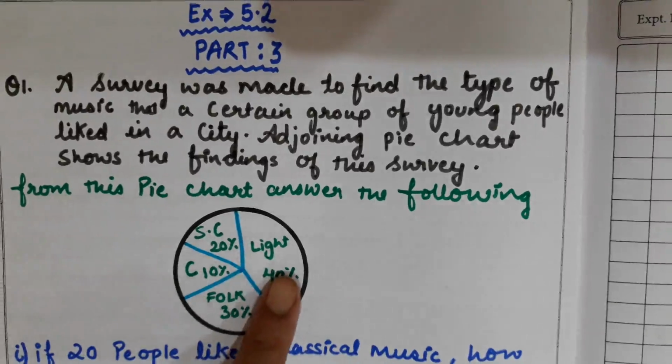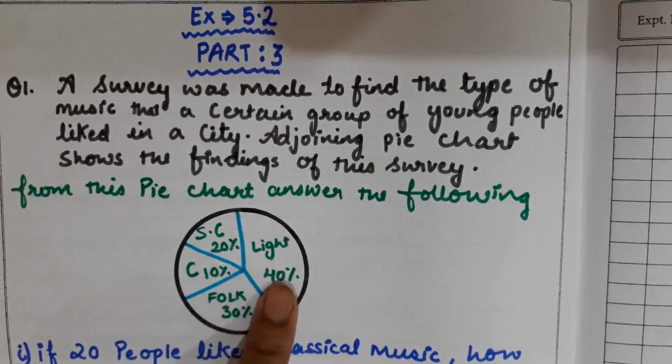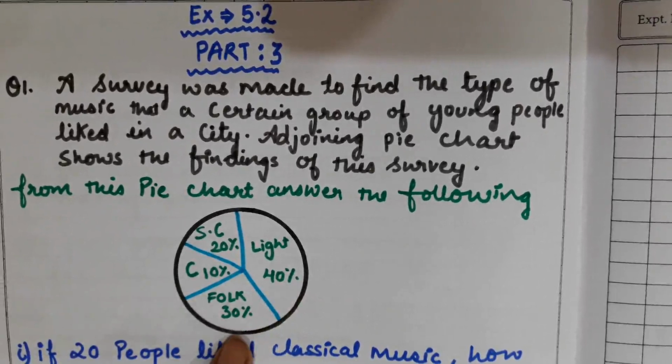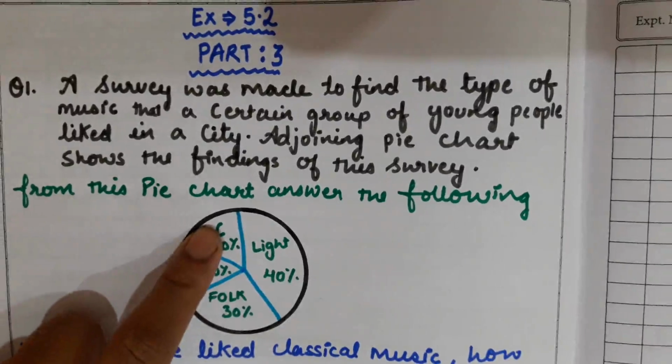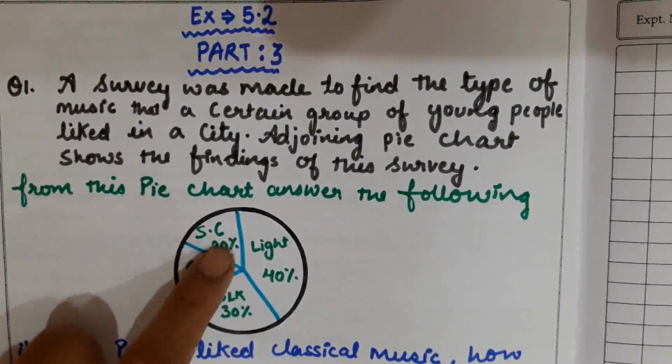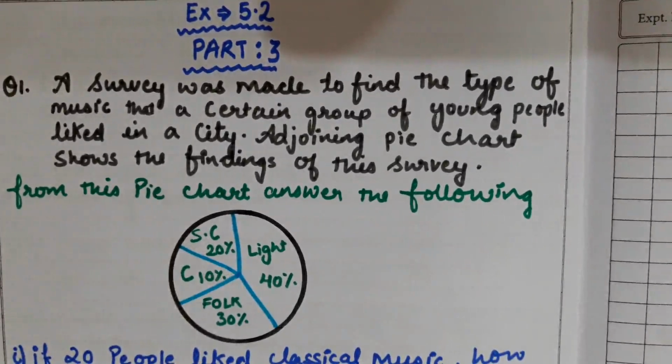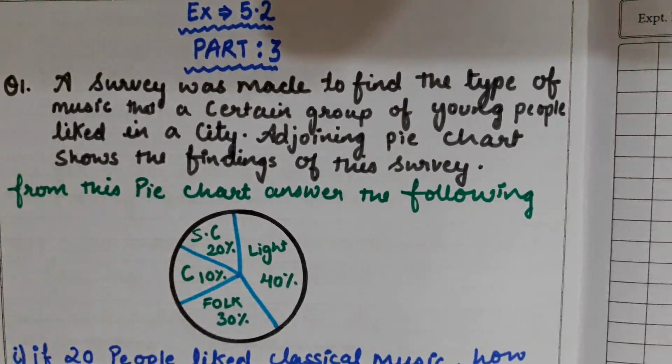Light music is liked by 40% of young people, then folk music 30%, classical 10%, and semi-classical 20%. SC means semi-classical. On the basis of this pie chart we have to answer a few questions.